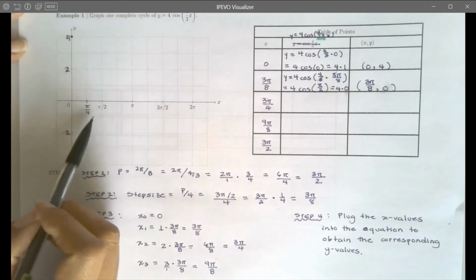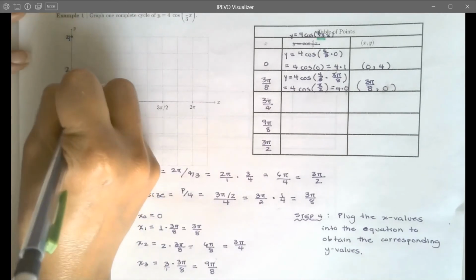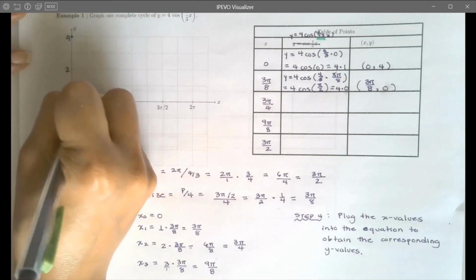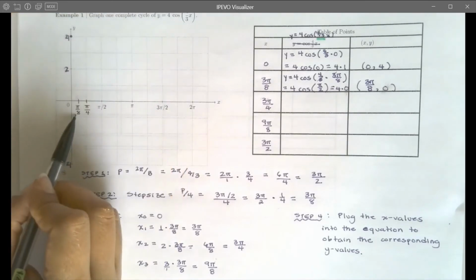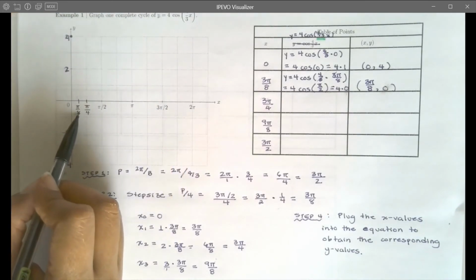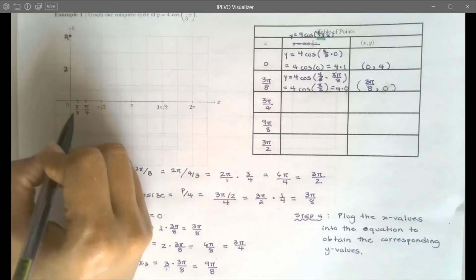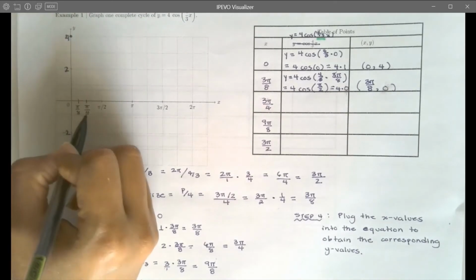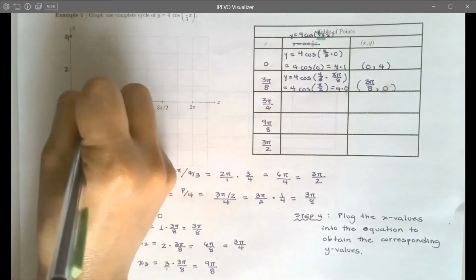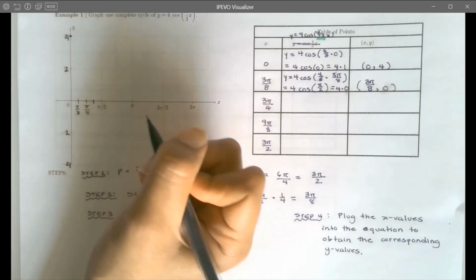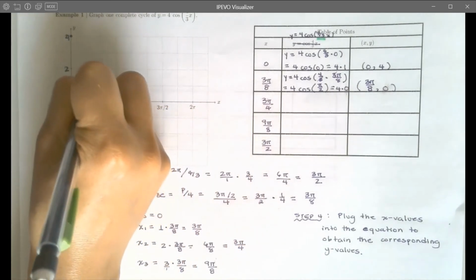And then if we take pi over 4 and divide by half, we get pi over 8. So these now are incrementing in pi over 8. This would be 1 pi over 8, this would be 2 pi over 8, and this next one would be 3 pi over 8, which I'll write here.